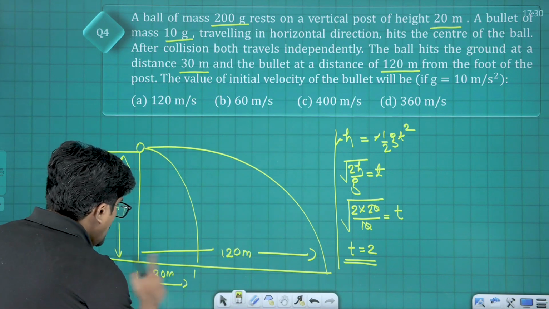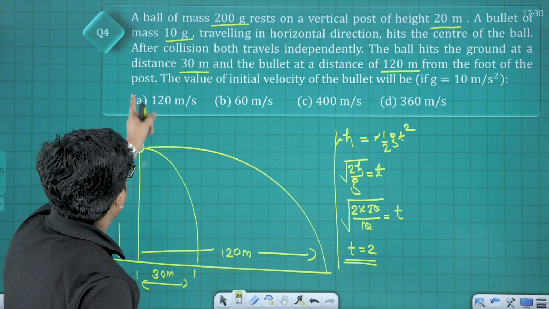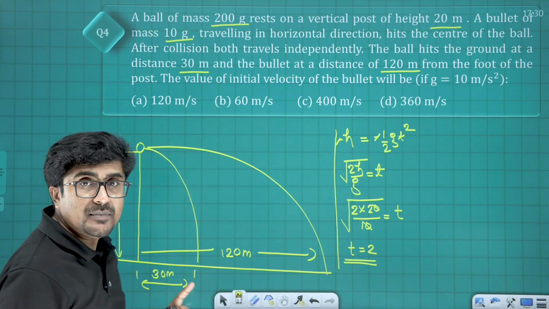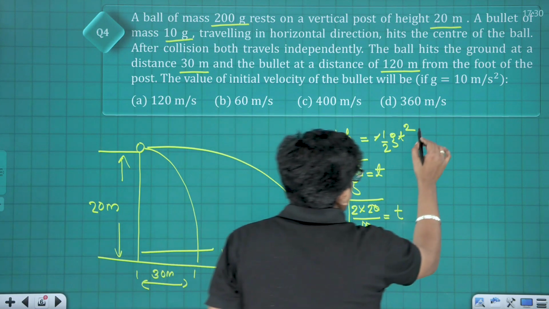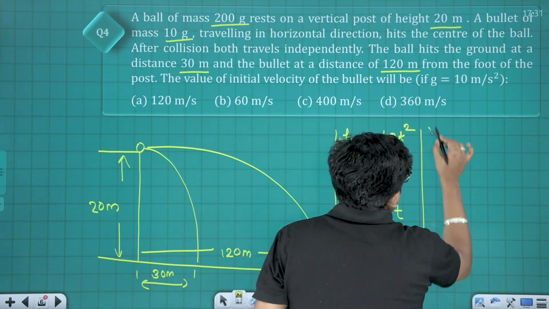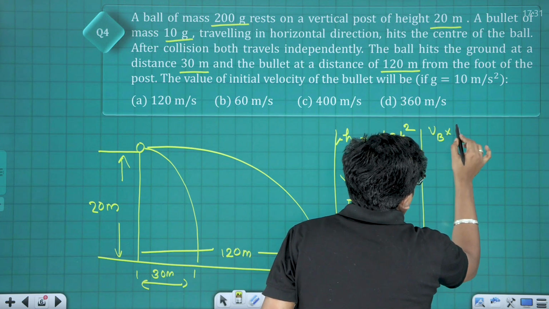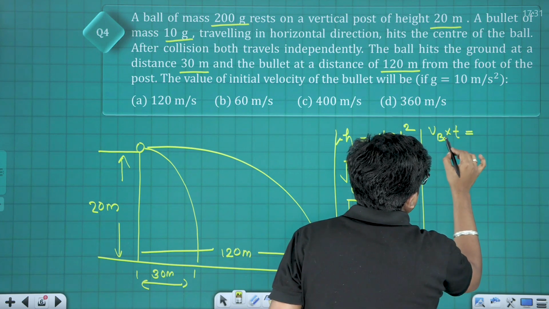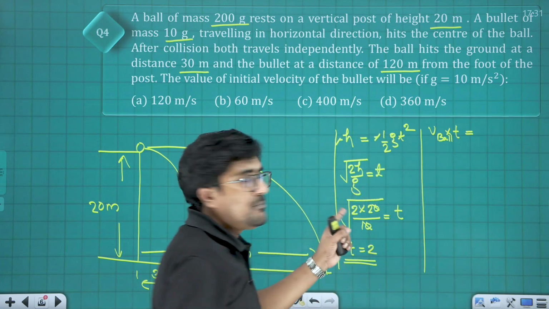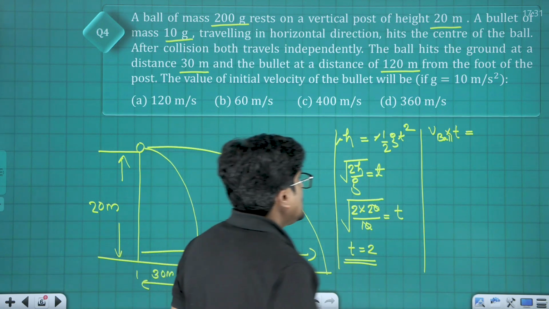Okay. Now, what is the distance traveled by the ball in the horizontal direction? It is 30 meter. Okay. Now, final velocity of the ball into time taken is 30 meters.